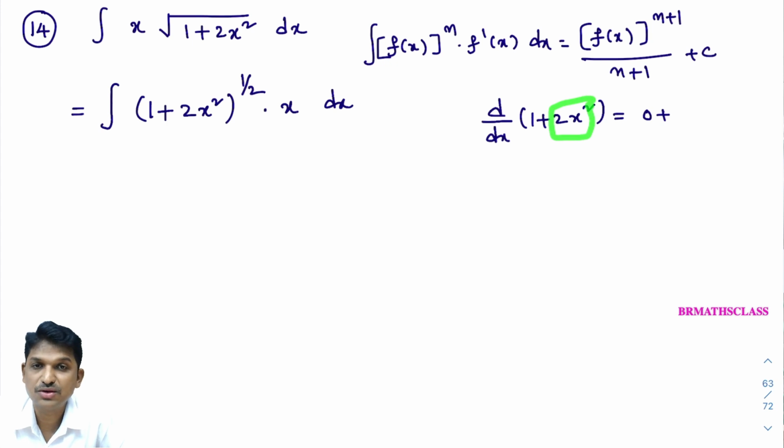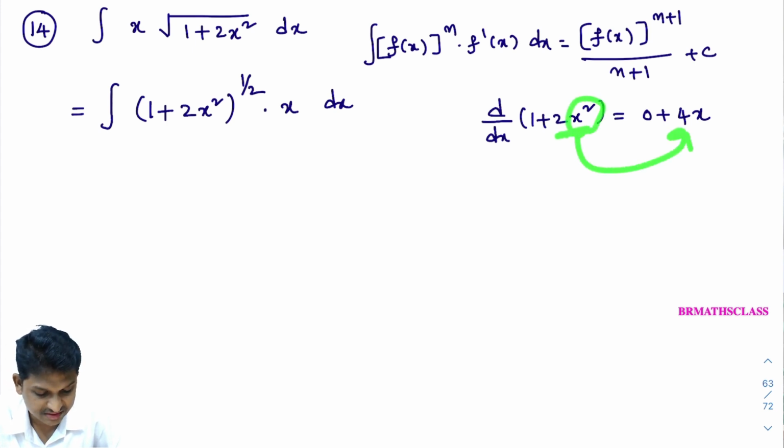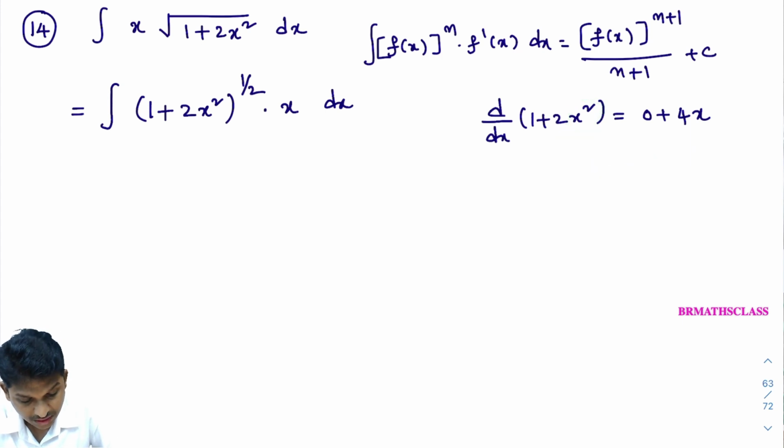The derivative of 2x square is 4x, because 2 into the derivative of x square, which is 2x, gives 4x. So the derivative of 1 plus 2x square is 4x.